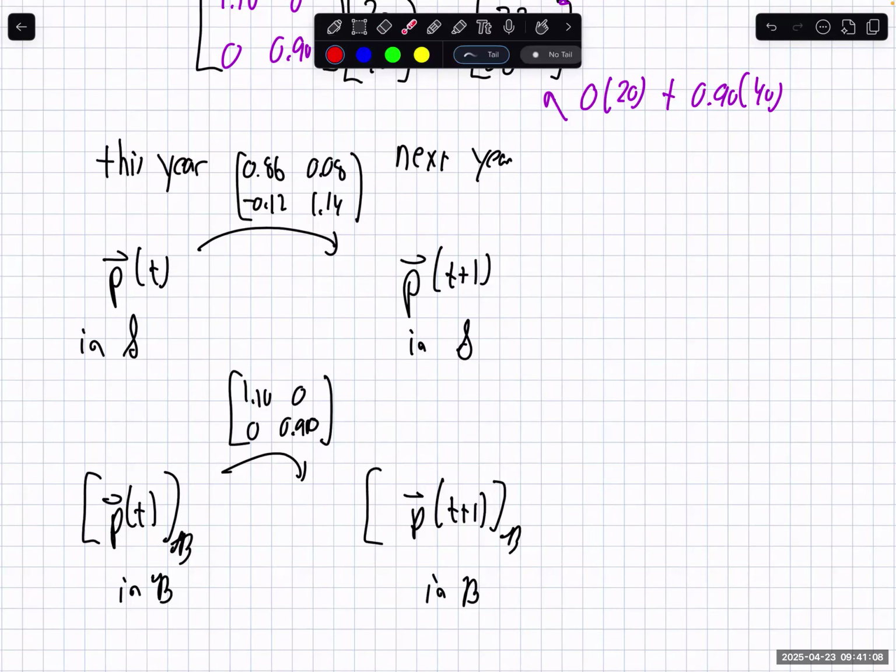In the original system, number of coyotes, number of roadrunners, it's this transition matrix. But those special ratios give us a better basis where the transition matrix is nicer. I'll write it down here.